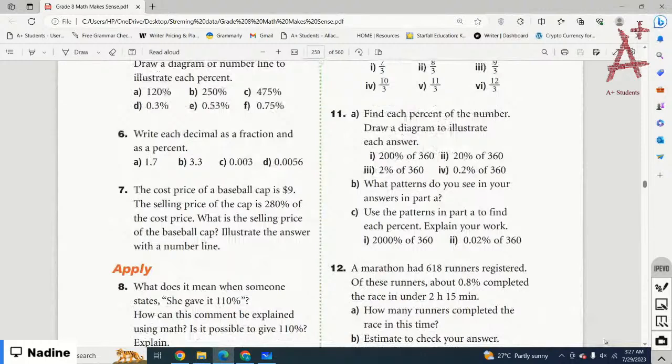The cost price of a baseball cap is $9. The selling price of the cap is 280% of the cost price. What is the selling price of the baseball cap? Illustrate the answer using the number line.